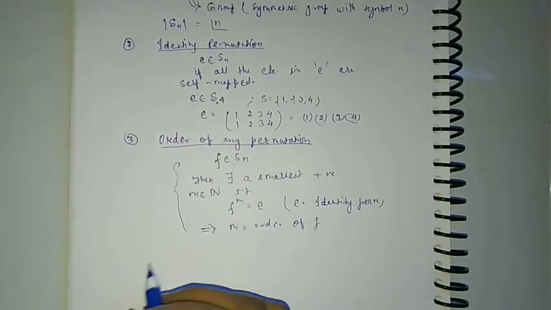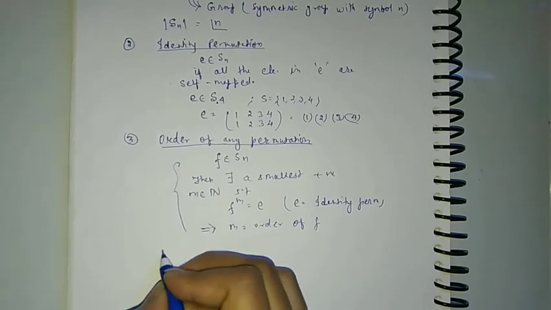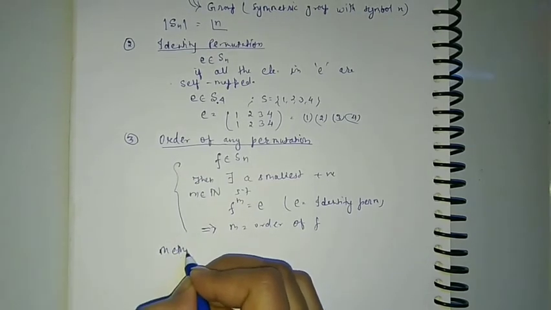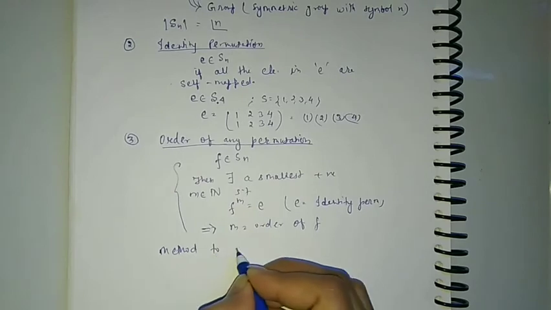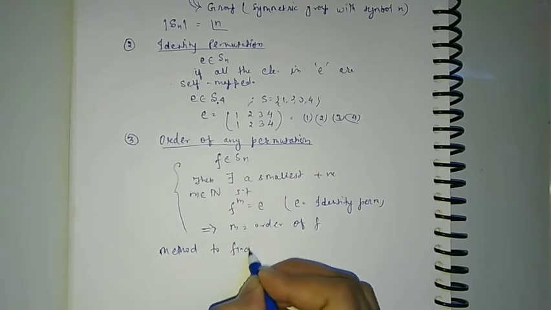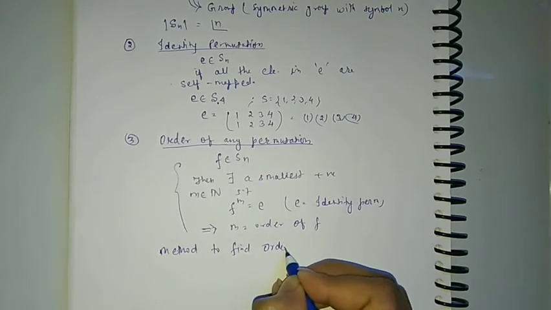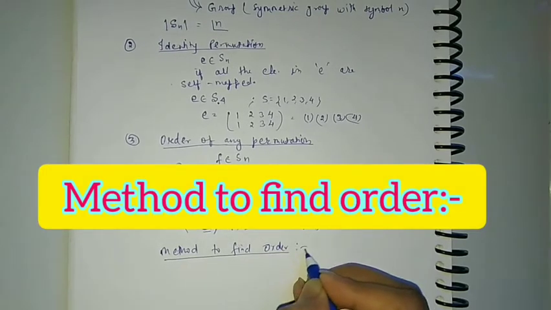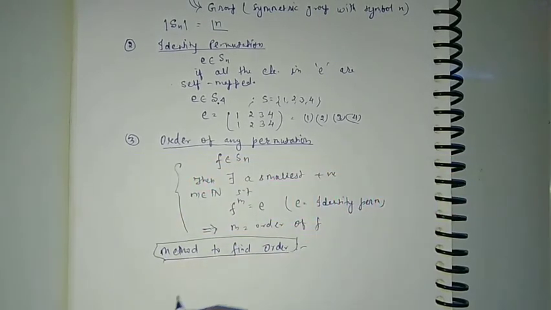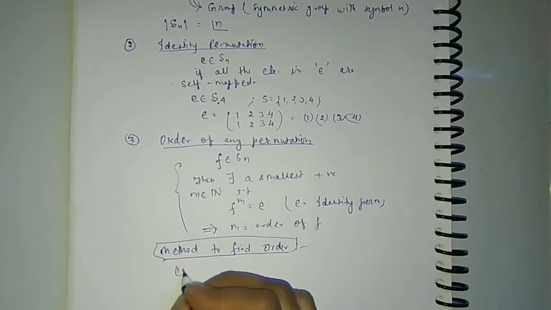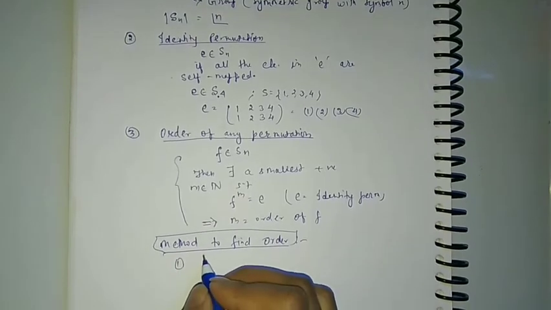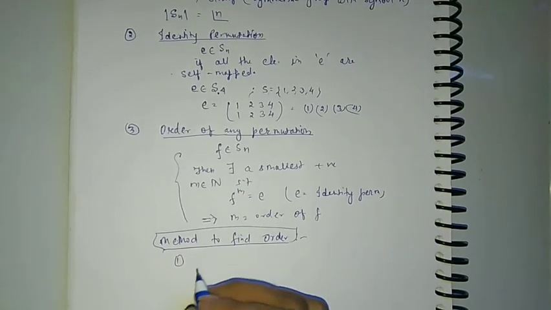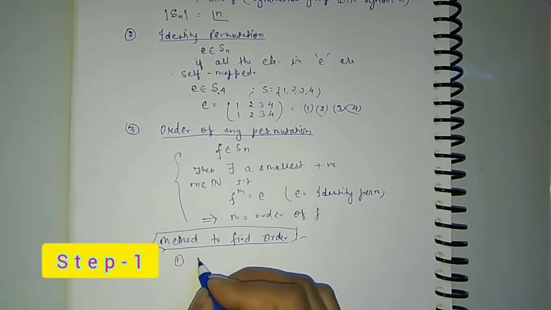Now we are going to see the method to find the order of any permutation. In step 1, we first have to convert any given cycle or permutation into disjoint form.